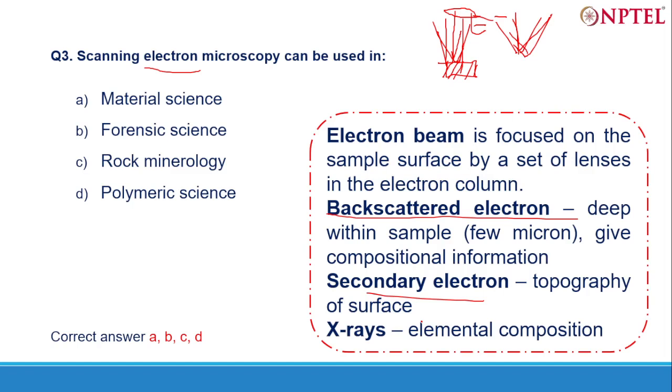The secondary electrons generally come from the topography of the upper surface itself, within some nanometers. They tell us about the topography of the surface, which are features like undulations and roughness, whether it's rough or smooth.